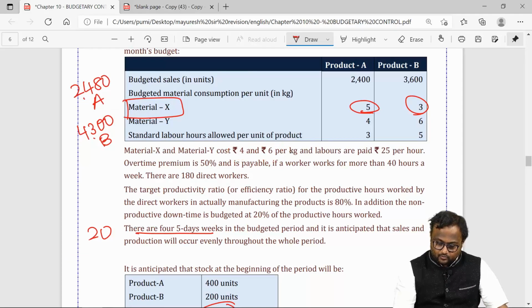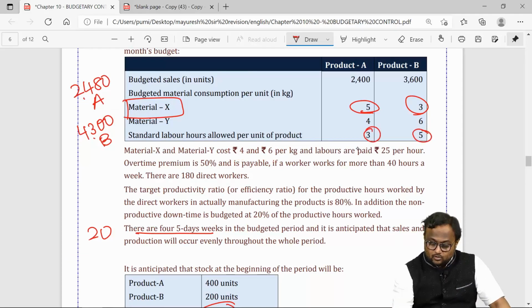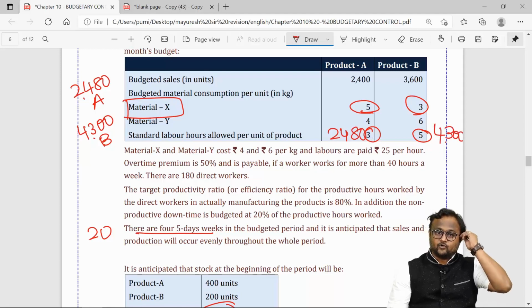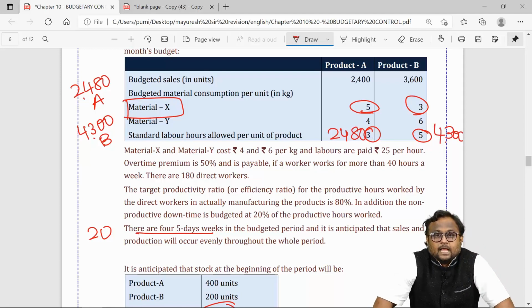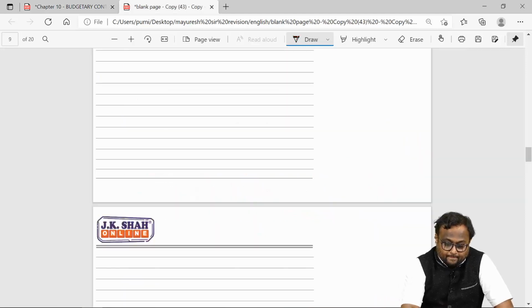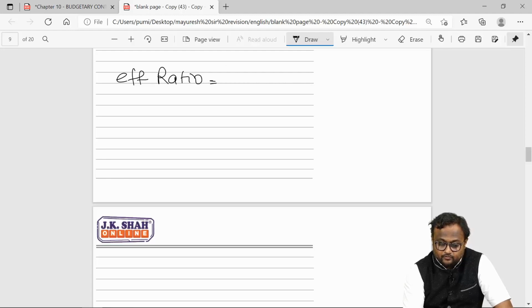Now, since I already know standard hours as 2480 multiplied by 3 and 4300 units multiplied by 5 will give you total standard hours. You will be having information about standard hours, and the question says your efficiency ratio is 80%.